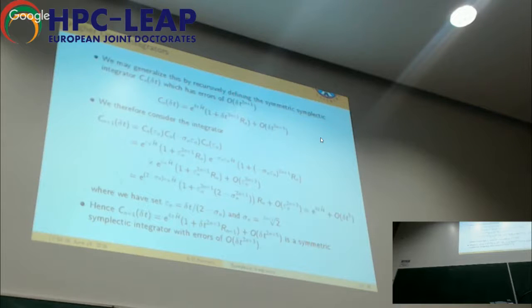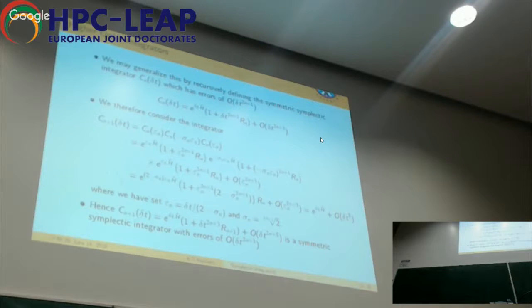Then we can construct a C sub n plus 1 by following exactly the same recipe that we did before. We do a forward step of length epsilon sub n, then a backward step of length sigma n times epsilon sub n, and then a forward step of length epsilon sub n again. We substitute the fact that the error can be viewed as the appropriate power of epsilon multiplied by some operator on phase space.